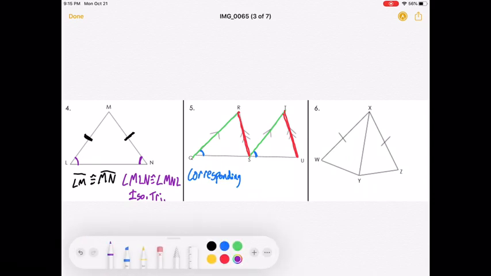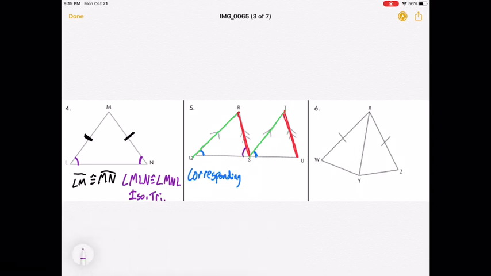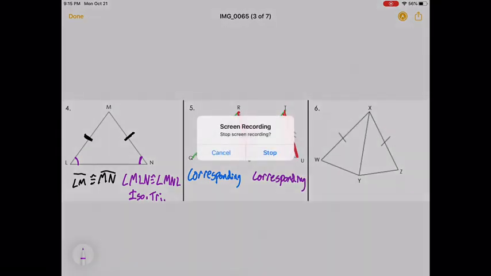And then you could also have, if you would turn your paper or look at it the other way, that the purple could also be marked for the same reason, that those are also corresponding.